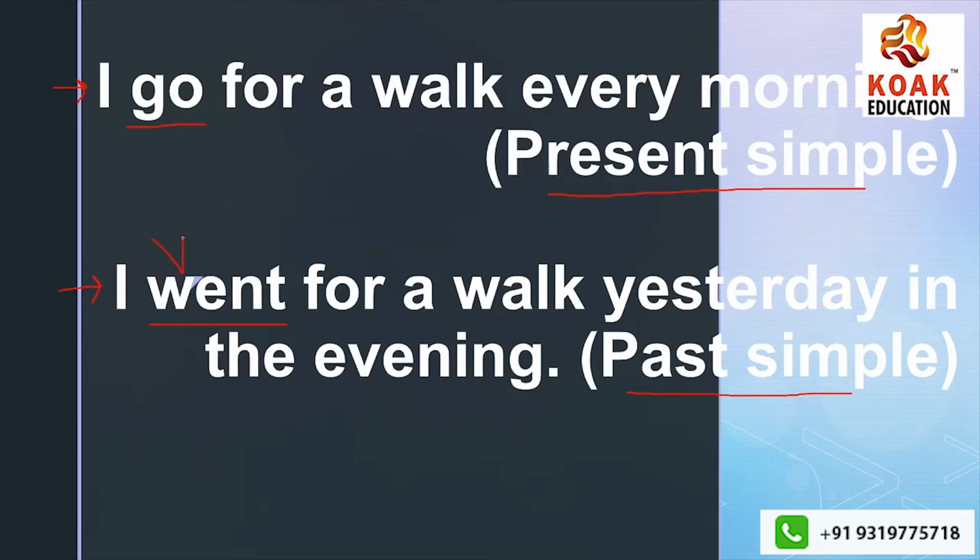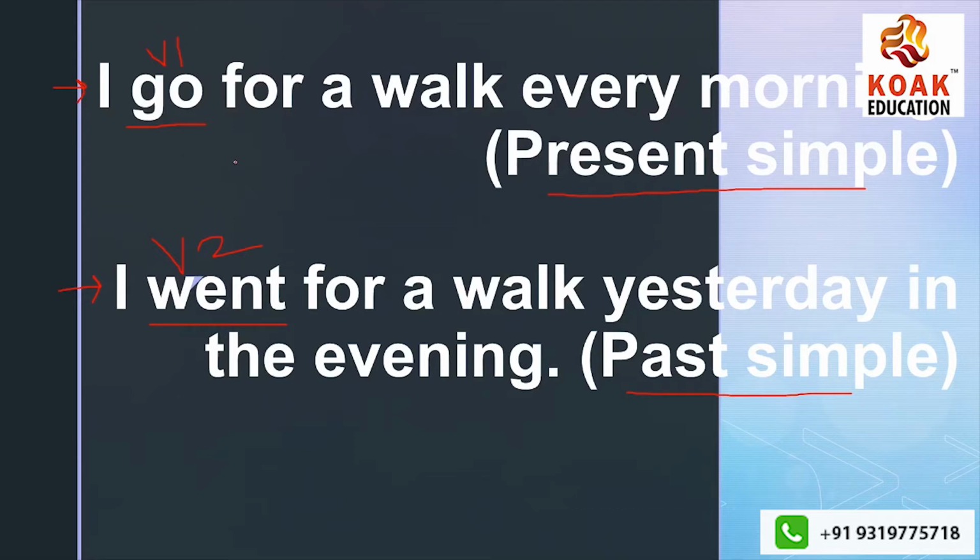This is verb second form, and this is verb first form, right? V1, V2, V3, V4, V5, we have done this in the introduction of tenses video, where I also told you the forms of verbs. Those of you who don't know the different forms of verbs, kindly go and watch that video so that you don't get confused.